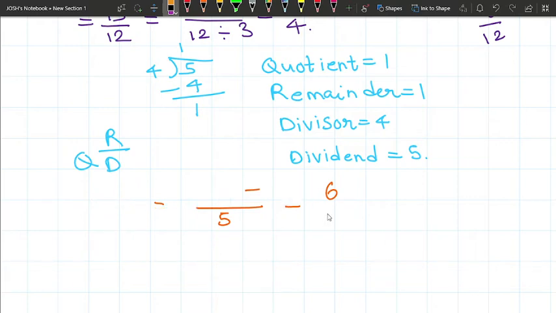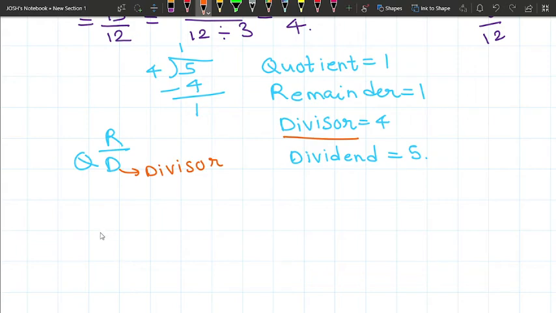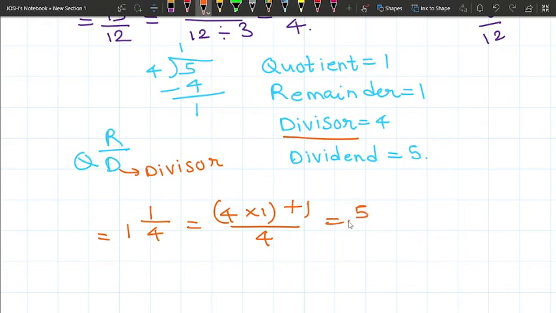Sorry guys, I made one mistake here. It's not the dividend, it is the divisor. This is the divisor. This will be our mixed fraction, and when you do the math here, you will get 5 by 4. So our answer is correct.